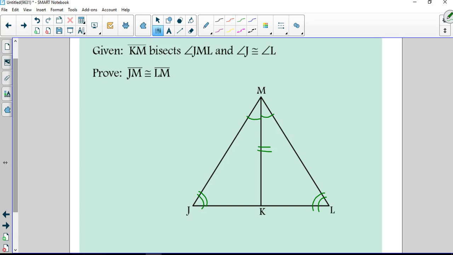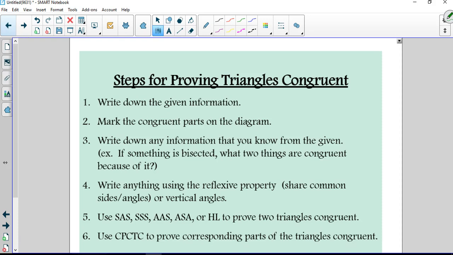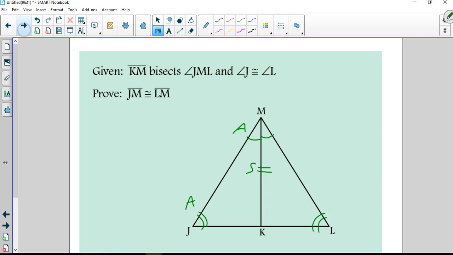Well, if we can prove these two triangles congruent by angle, angle, side, right here, angle, angle, side, then we can prove the parts JM and LM congruent. So let's do that.